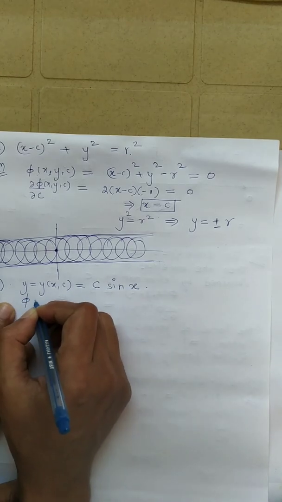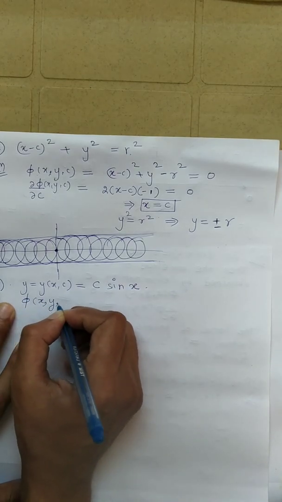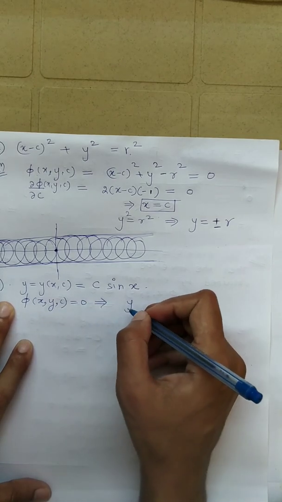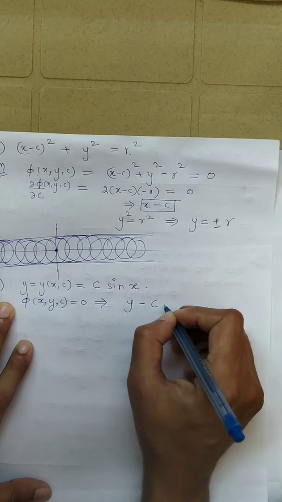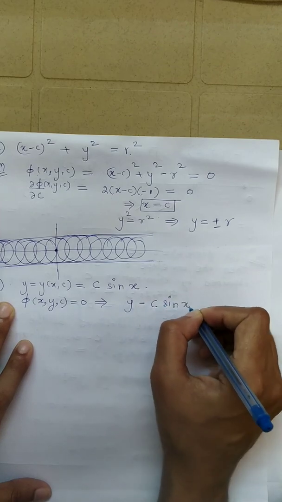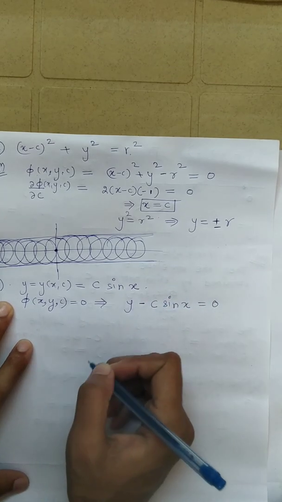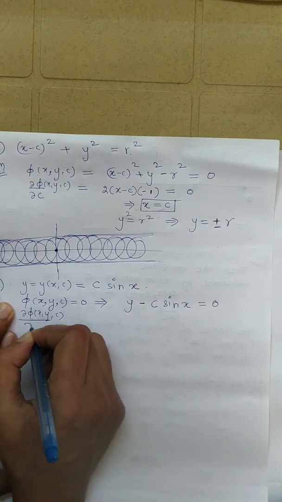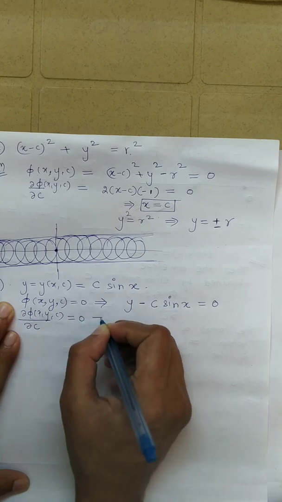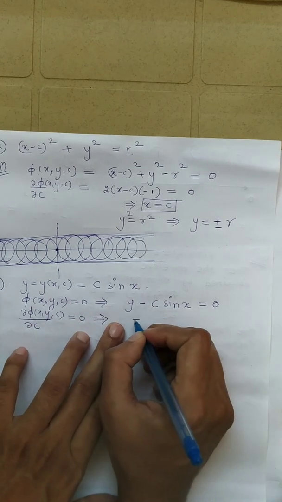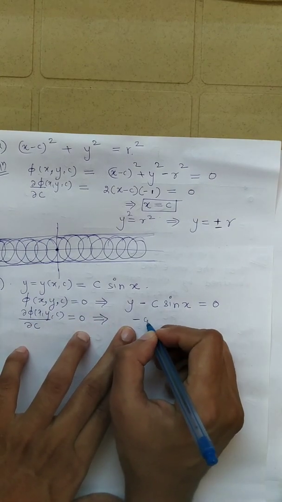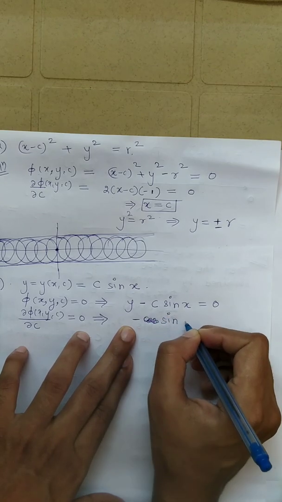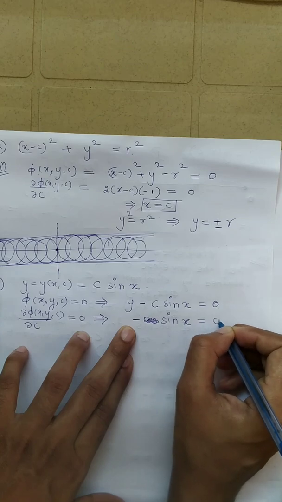Okay, therefore phi of x, y, c equal to 0 will be y minus c sin of x equal to 0, and differentiating this phi with respect to c and equating it to 0 will give minus sin of x equal to 0.